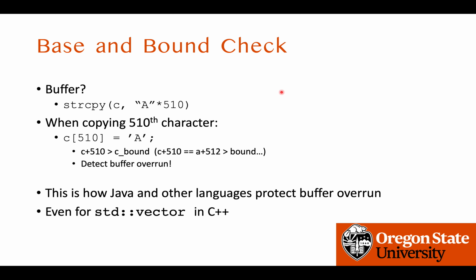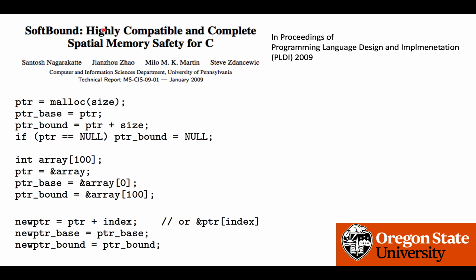So base and bound check can fundamentally kill the buffer overflow attack because it will record base and bound and then apply the check on every memory access. And this defense was formalized in 2009 in a paper titled SoftBound, providing complete spatial memory safety for the C language.